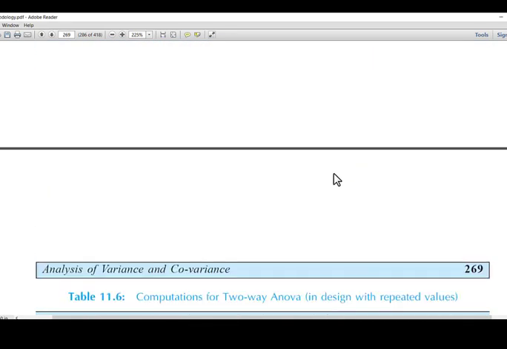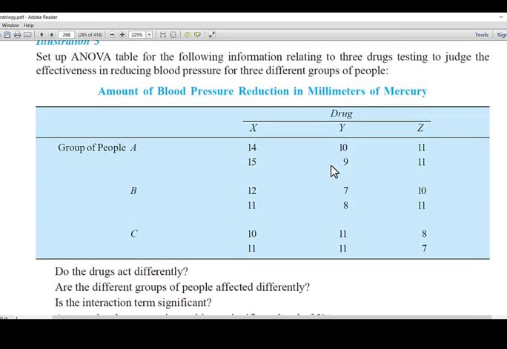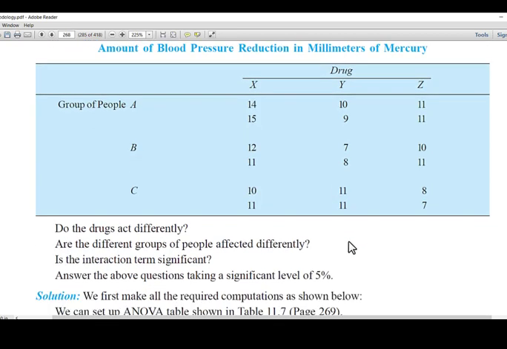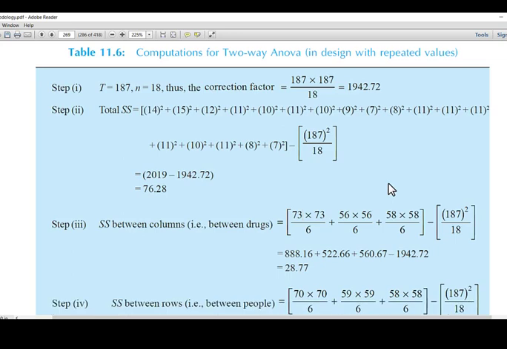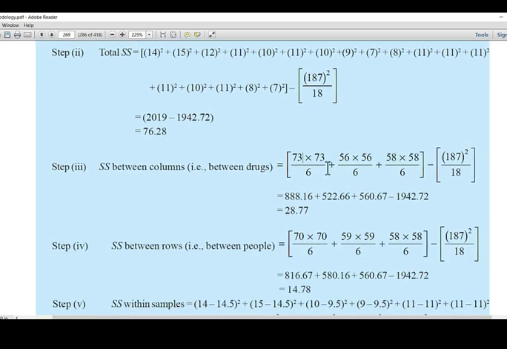Then coming to the second column, related to drug Y, this is 19, 26, 34, 35, 45, 46, 56. And here this is 22, 32, 33, 43, 51, 58. So that is 58, and the total number of values is 6. So minus that correction, this is 28.77.